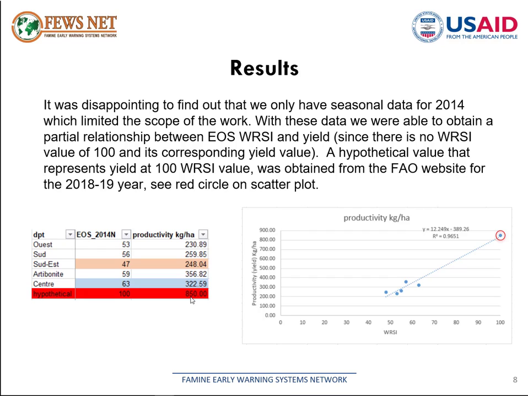With the data that we have, we only have these 5 points right here. So we don't have any way to know what is the productivity at the high value of WRSI. So what we did is we put this hypothetical value that Harry found on the FAO website. Then we are saying if the WRSI value is 100, the productivity will be around this value.